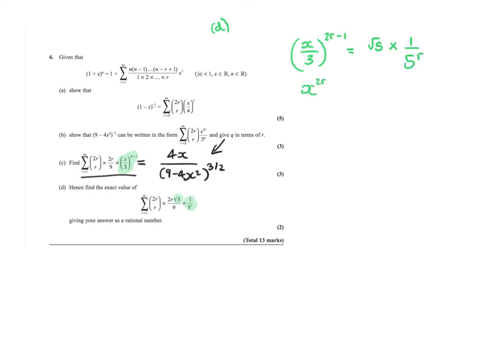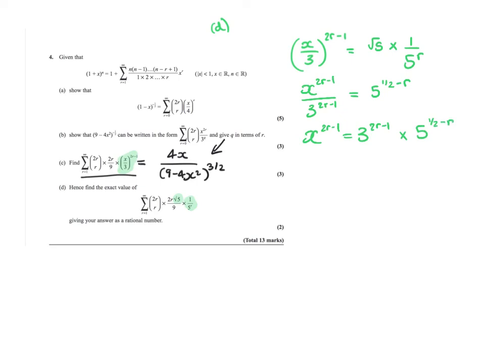So x to the 2r minus 1 over 3 to the 2r minus 1 must be equal to, well, we've got 5 to the power of a half, and then we are dividing by 5 to the r, so 5 to the half take away r, we can write it like that. So x to the 2r minus 1 is equal to 3 to the 2r minus 1 multiplied by 5 to the half take away r.